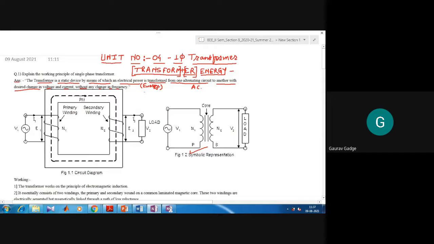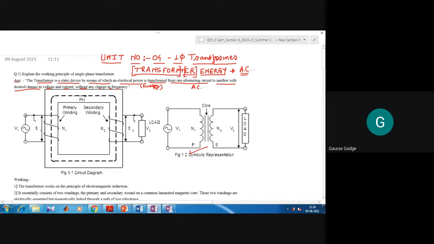So this definition is very, very important, and it indicates that this is the electrical device which transforms energy, or you can say power, and it must be AC, alternating current.